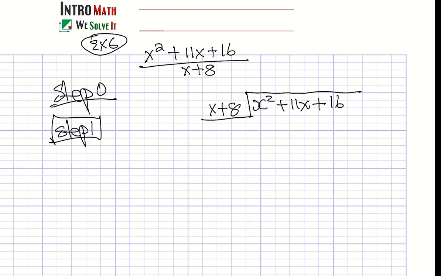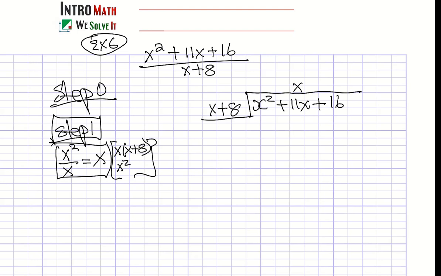Step 1 is x squared divided by x. You get x. And then you say that x you got, x times x plus 8. What do you get?